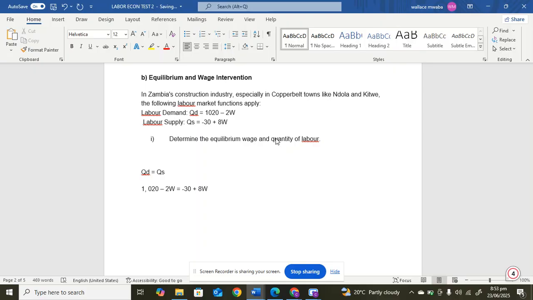First we want to solve for the wage rate, so we put like terms together. It's going to be 1020 plus 30 equals 8W plus 2W.